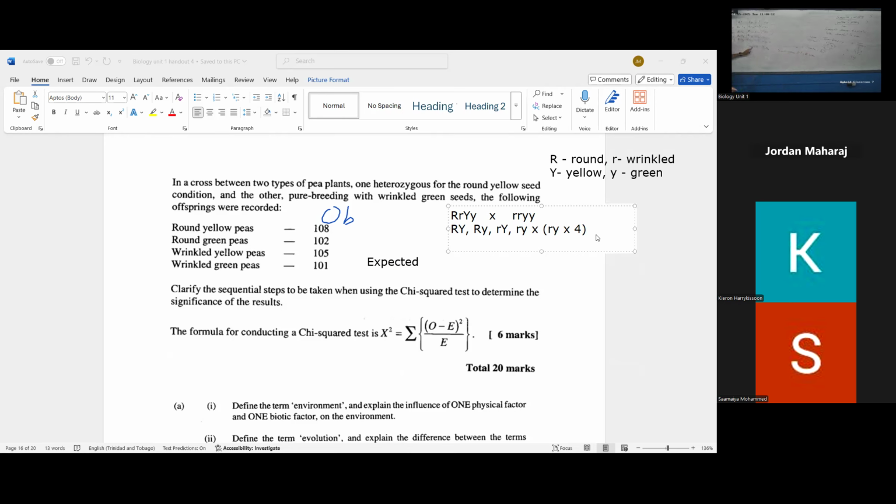So let's figure out how many are smooth yellow. Capital R, lowercase r, capital Y, lowercase y. Which phenotype is that?